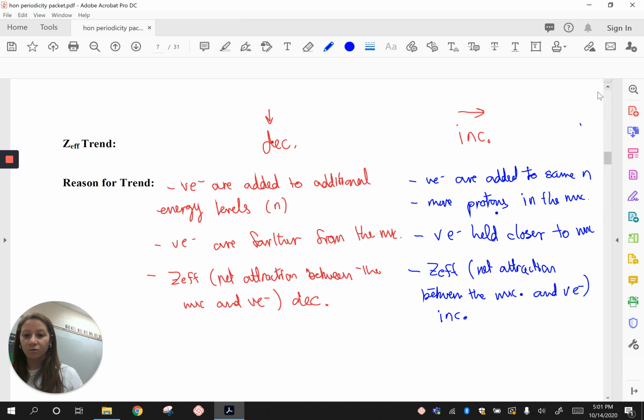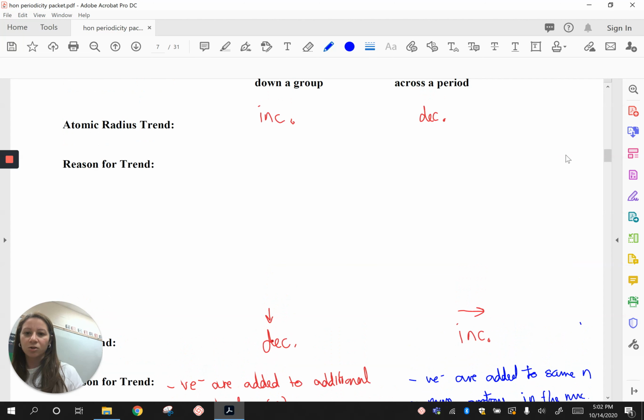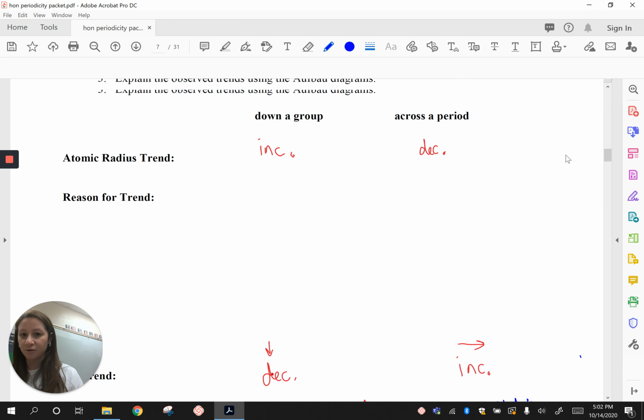Now let's write the reasons for the atomic size or the atomic radius trend. You'll see the reasons are basically Zeff. Zeff is going to be your best friend in this chapter. It should be your best friend because it explains all the other trends that we see in all the other properties. So we're going to use Zeff to explain our trend in size.